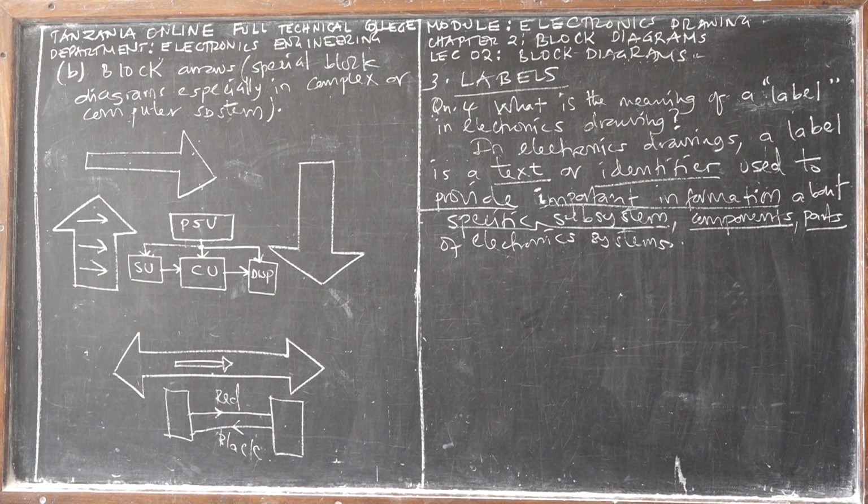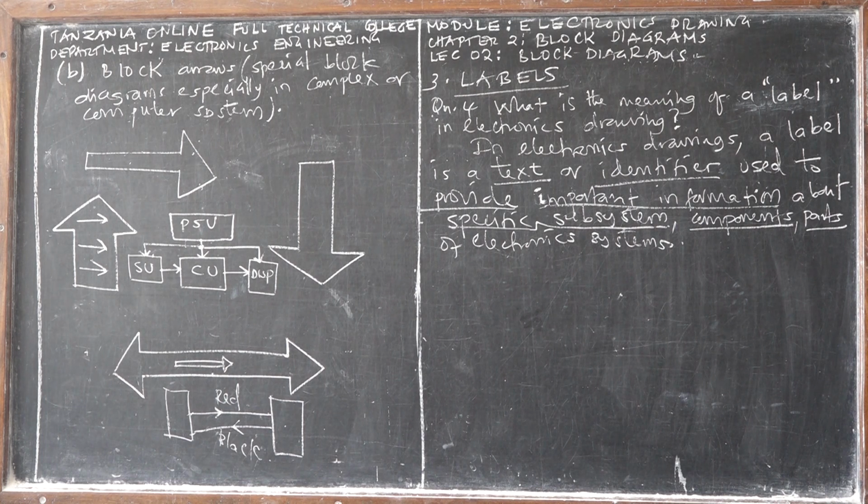So in case you have a block diagram that has maybe five blocks, and a label is written on each block, once you read those labels you get some information in your mind about what this block is representing, or what the function of this block is. According to its label, I think the function of this block is to provide power.